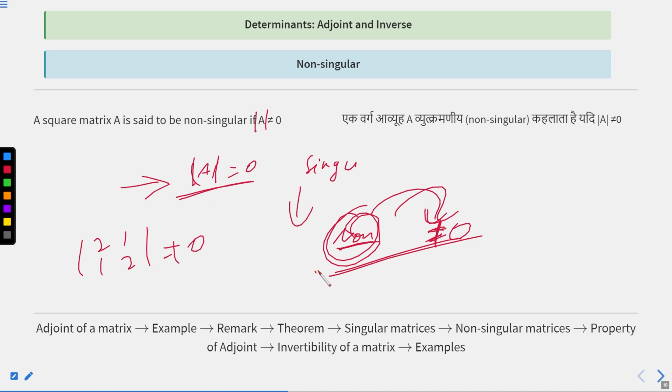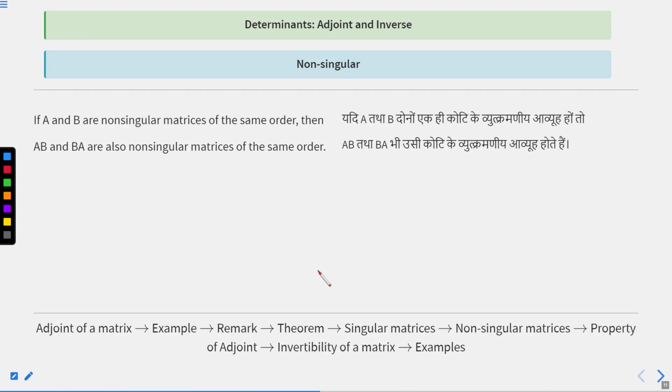So quite simple. Okay. Now, if A and B are non-singular matrices of same order, then AB and BA are also non-singular matrices of same order. So this is quite an interesting thing.